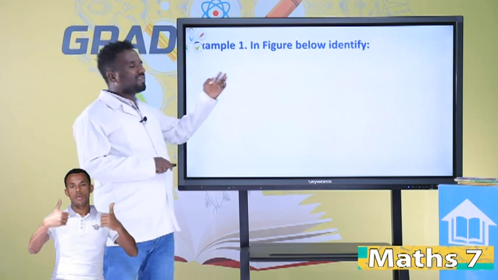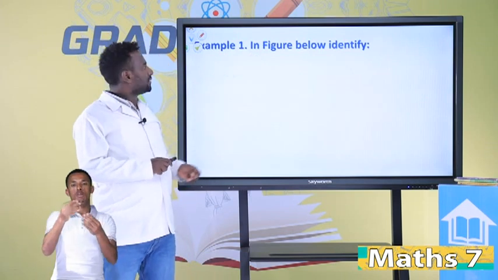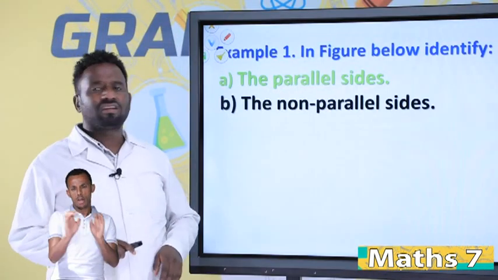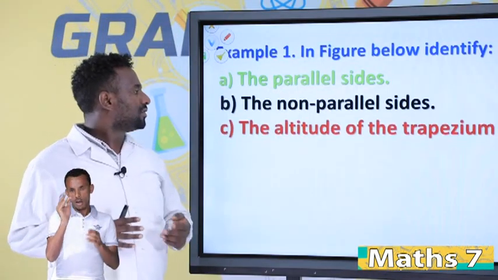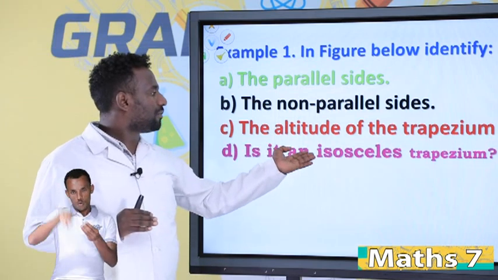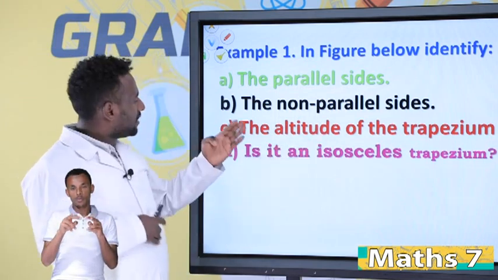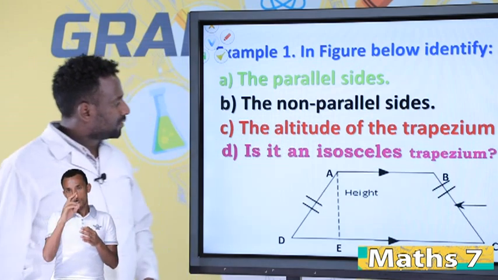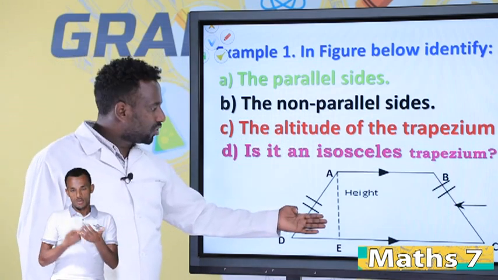Identify from the given figure the parallel sides, the non-parallel sides, and determine the altitude of the trapezium and also determine whether it is isosceles or not from the figure. We have the figure as shown.